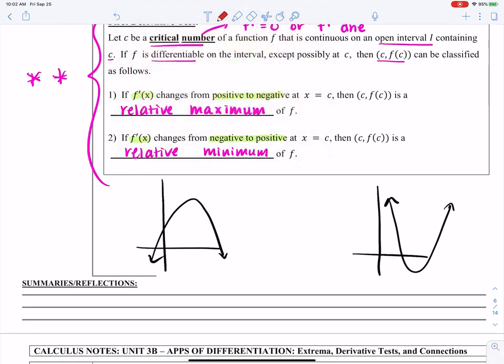If I look at this point, which is clearly a maximum, everywhere on this side appears to have a derivative that is positive, and everywhere on this side of the maximum appears to have a derivative that is negative. I can clearly see that at this point the derivative is 0 because it's a critical number. Because the derivative is changing sign, this is a relative max.